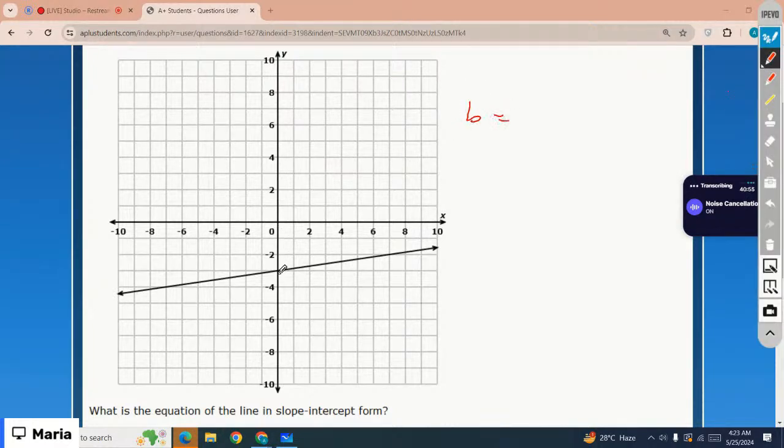The y-intercept is the point where the graph is touching the y-axis, so that is -3.